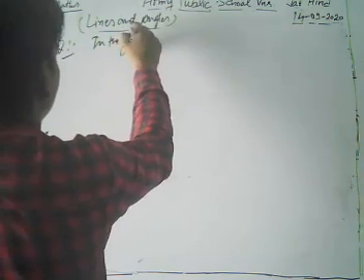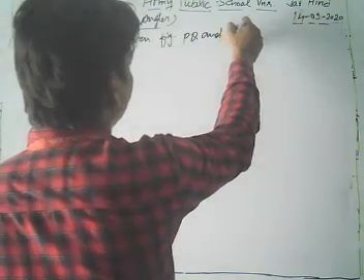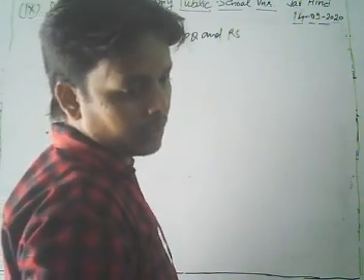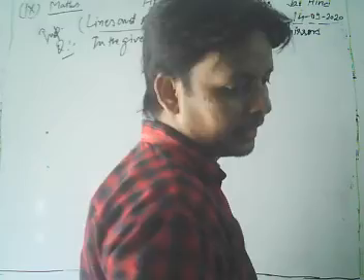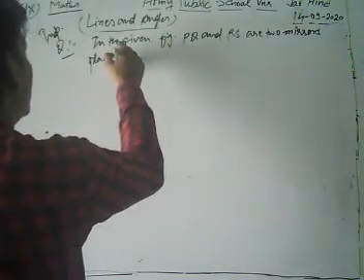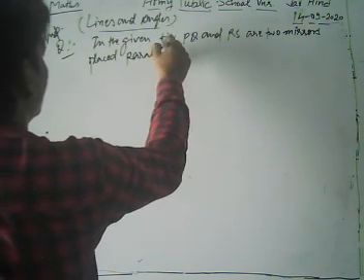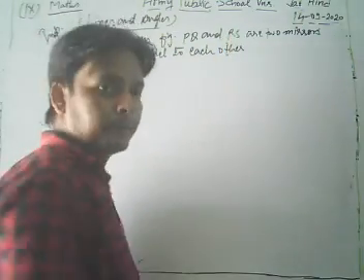In the given figure, PQ and RS are two mirrors placed parallel to each other.